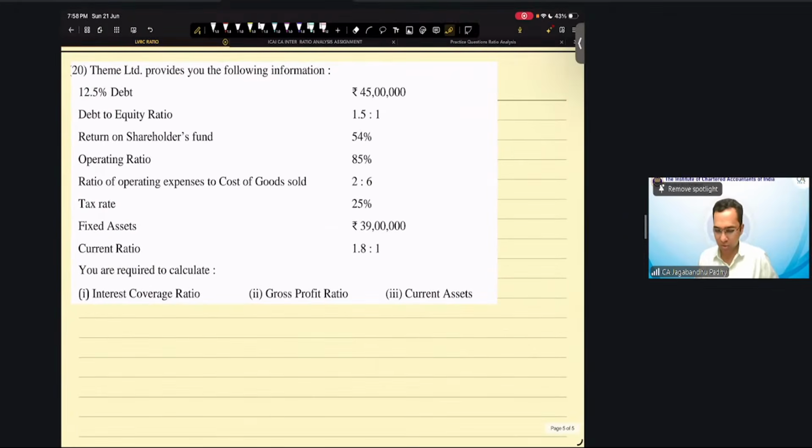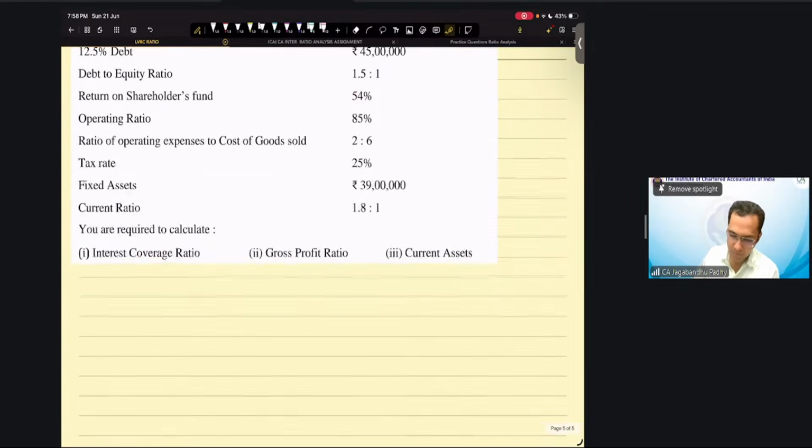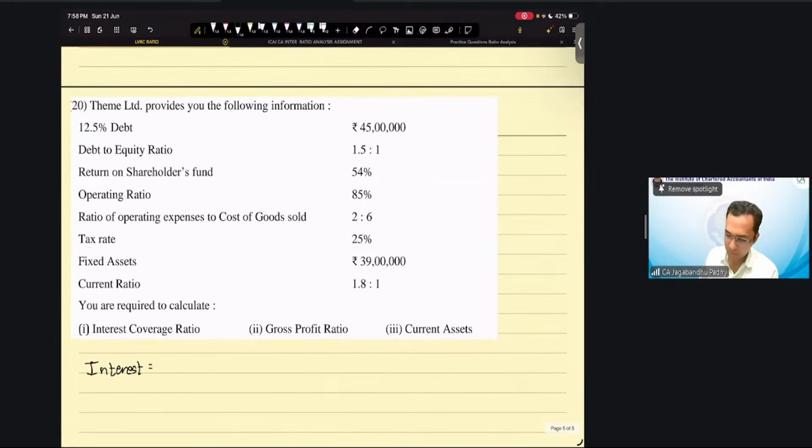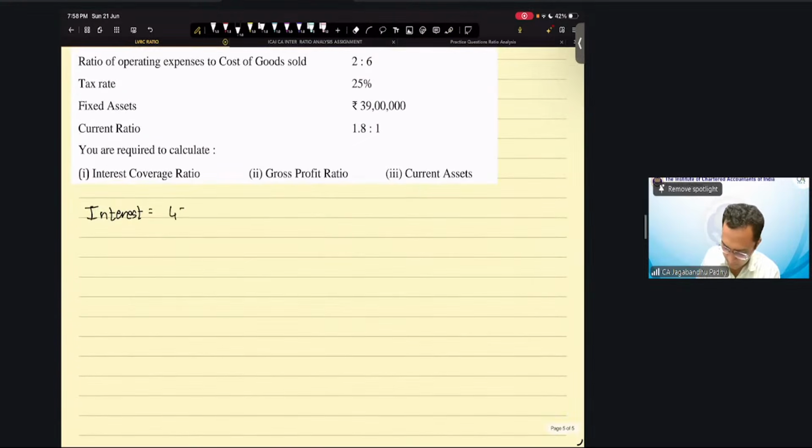With regards to the information, first up is interest coverage. For the interest coverage ratio, we need EBIT upon interest. So I need to compute the amount of interest. Interest is simply 12.5% into 45 lakh.